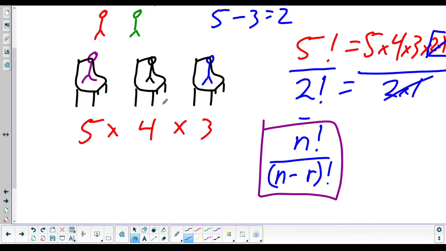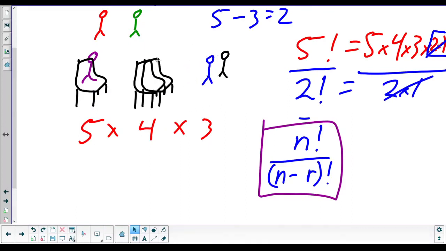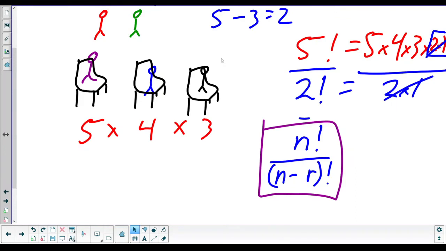However, does it really matter what chair they sit in? No. So do we want to count this as being different than, whoops, I moved the chair, I stole that dude's chair. Do we want that to be different than that? No, not really. So we need to figure out a way to not count this as a separate thing, because these three people are still sitting. Who cares, right?